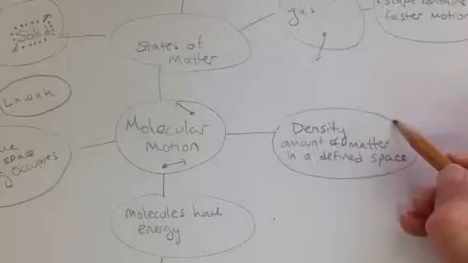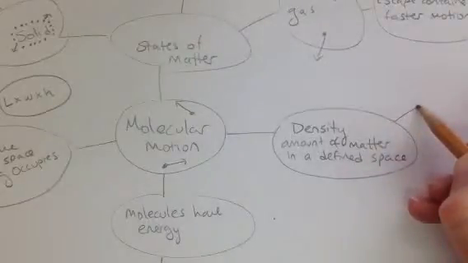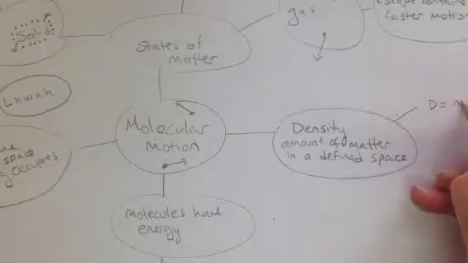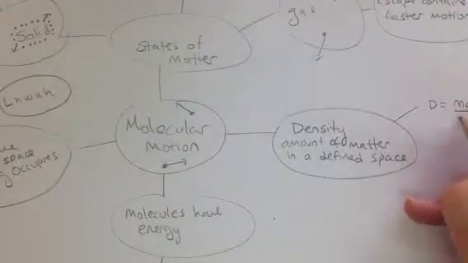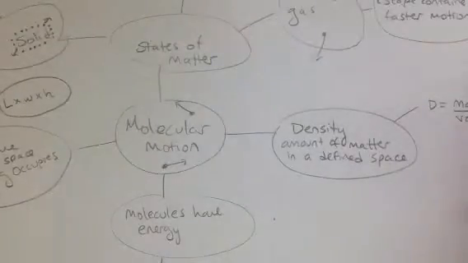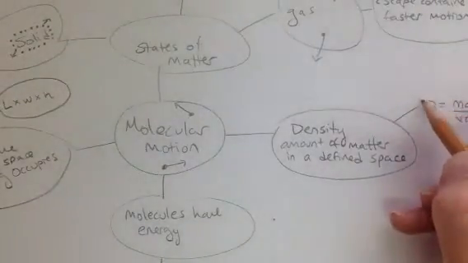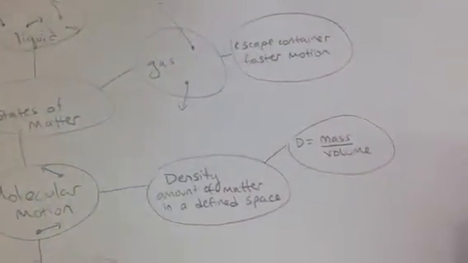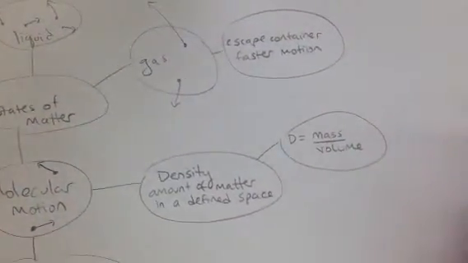And the cool thing about density is that it also has a formula. Density equals mass per volume. Oh, sorry, you will see that. There we go, mass per volume.